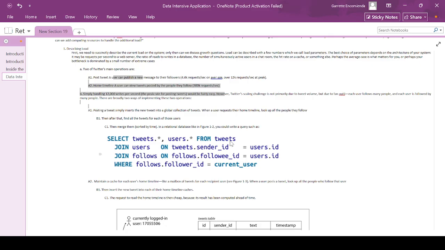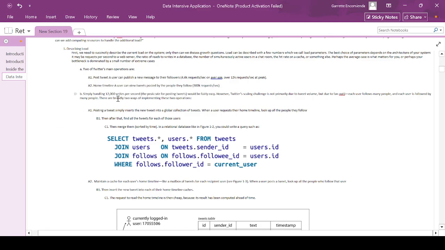That's the reason it's 300,000 per second: on average, you follow 75 people. For those 75 people, you need to read each one of them and then merge them into one timeline. That's how a timeline is made.